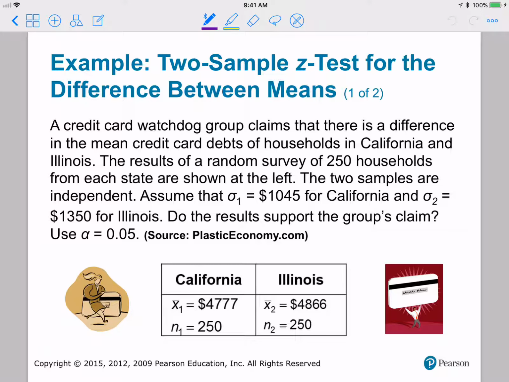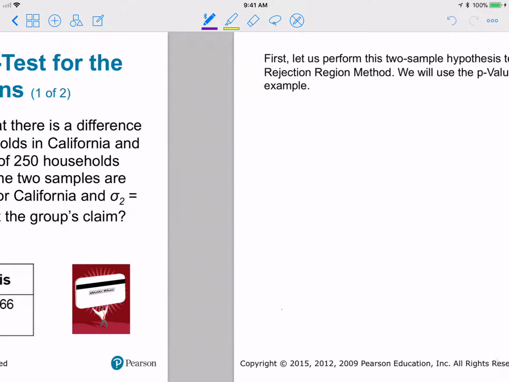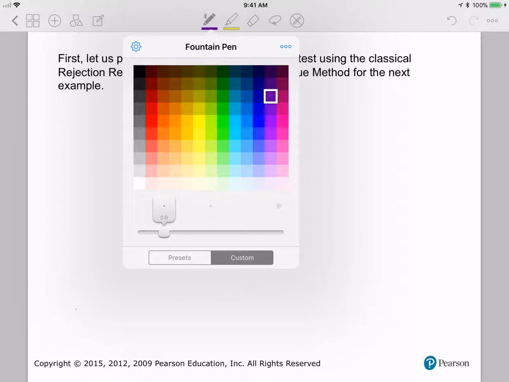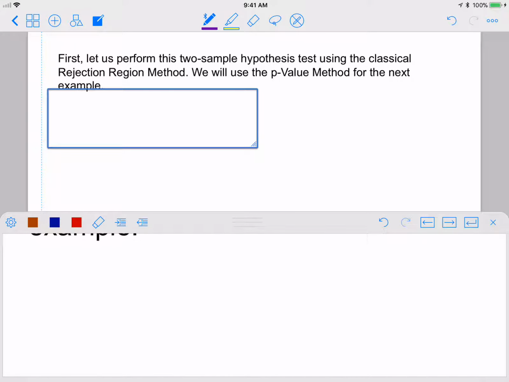The claim is that there is a difference in the mean credit card debts of households in California and Illinois.